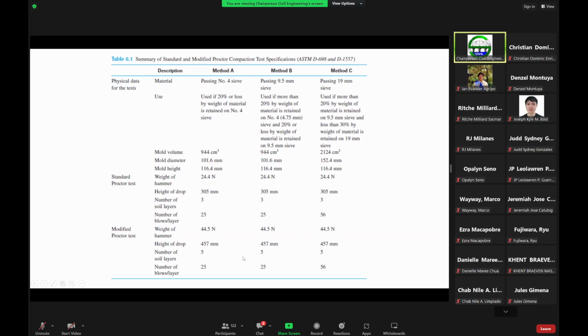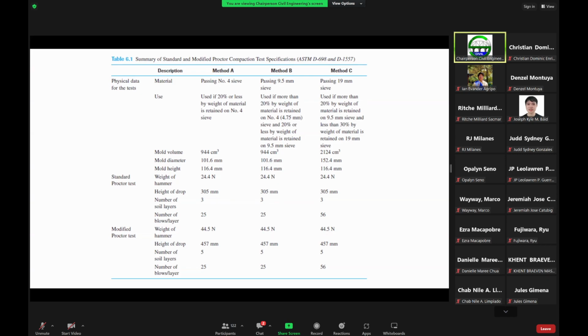The number of layers is more than the standard test; this is 3 and this is 5. But for the number of blows, it's just the same for both method A and B for standard and modified Proctor test, as well as for method C for both the standard and the modified Proctor test. They have the same number of blows per layer.